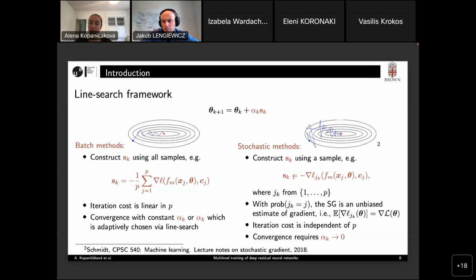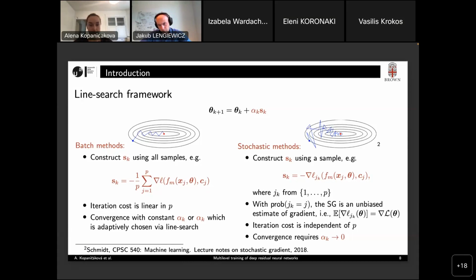You can see that now we have to be slightly more careful how we construct our iterative method, because our search direction is in general probably not a direction of descent at any point. But since our stochastic gradient is an unbiased estimate of our gradient, we can drive our iteration scheme to converge, but we have to be careful how we choose our learning rate. In particular, we have to make sure that our learning rate decreases to 0 to actually reach some sort of solution.